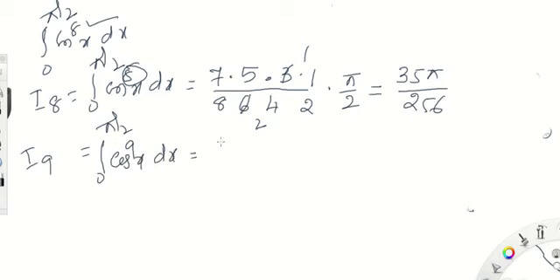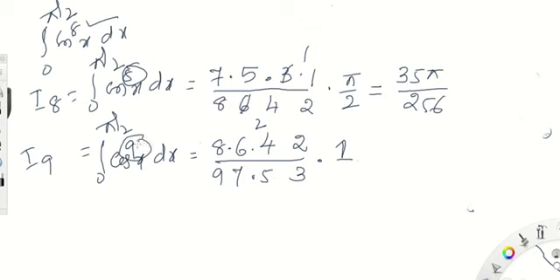You can observe the formula is the same. n minus 1 is 8, n minus 3 is 6, the next is 4, the next is 2, divided by the denominators n minus 2, which is 7, then 5, then 3. If n is odd, we multiply with the number 1, because I_1 is 1 when n is an odd number. Finally, if you simplify, you get the solution 128 divided by 315.